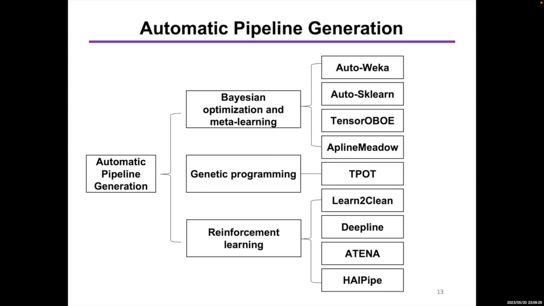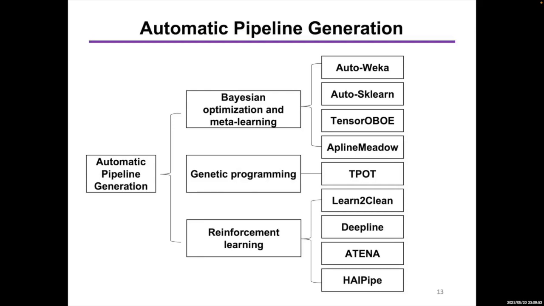The first one is inspired by AutoML. The basic idea is to use Bayesian optimization and meta-learning methods to find the best pipelines. Representative methods include AutoWeka, AutoSklearn, TensorOBOE, and Oboe. The second type uses genetic programming to optimize the entire pipeline.